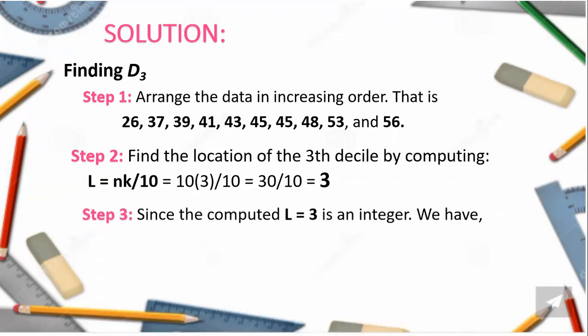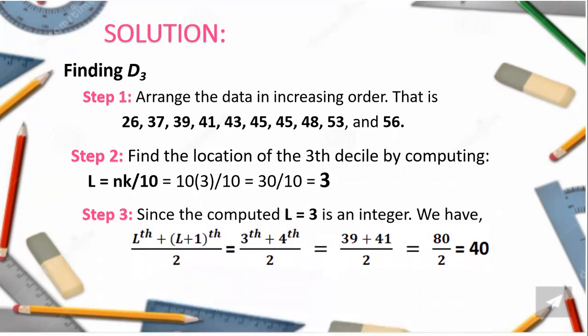So we have a whole number, or an integer value, for L. In this case, we get the average of the third and the fourth observation in the arranged data. The third observation is 39 and the fourth observation is 41.